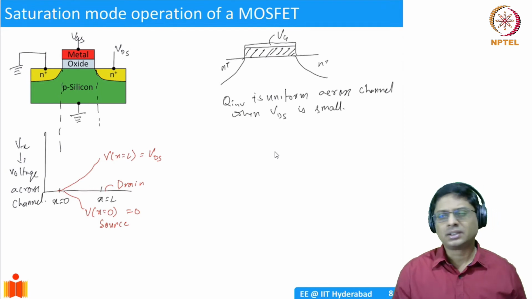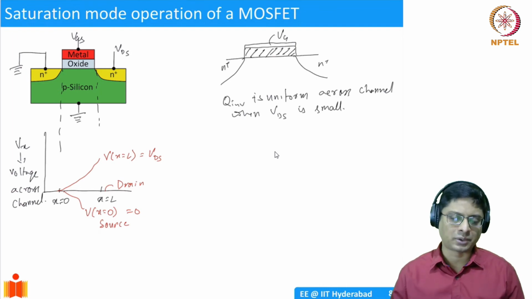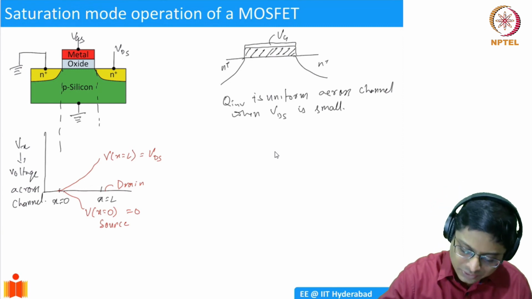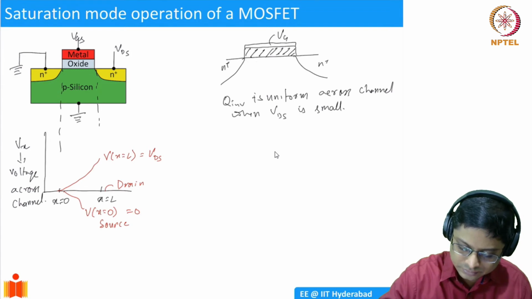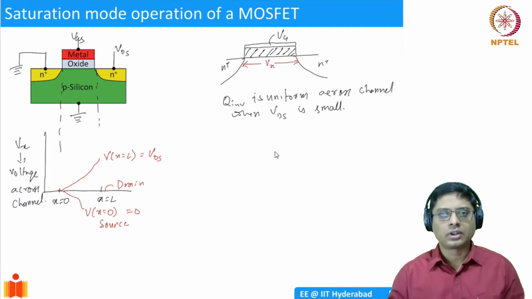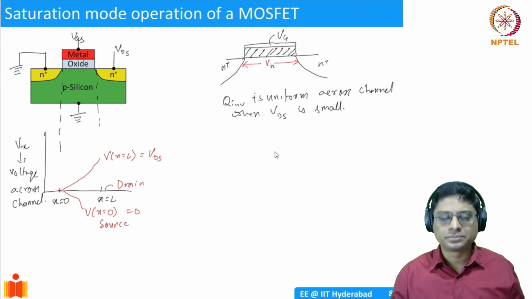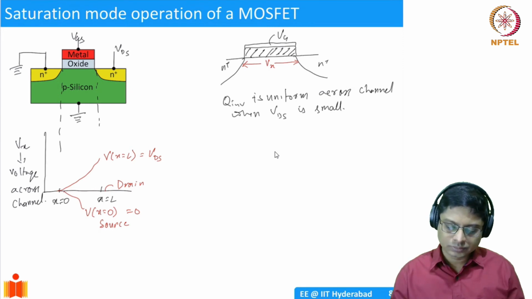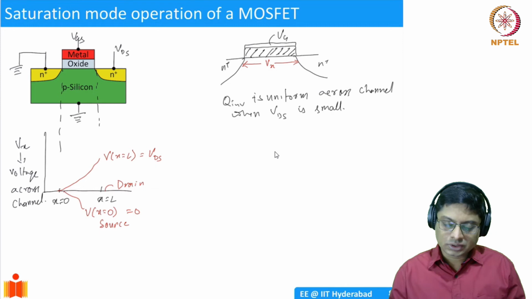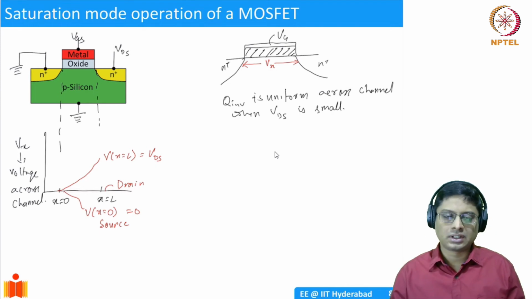You just have a gate voltage, and bulk was at the same potential, so you didn't really have much of a problem. But now what you're seeing is this voltage across the channel here, right? This is Vx. So if you have a Vx like this, what happens? The amount of inversion charge will vary across the channel.